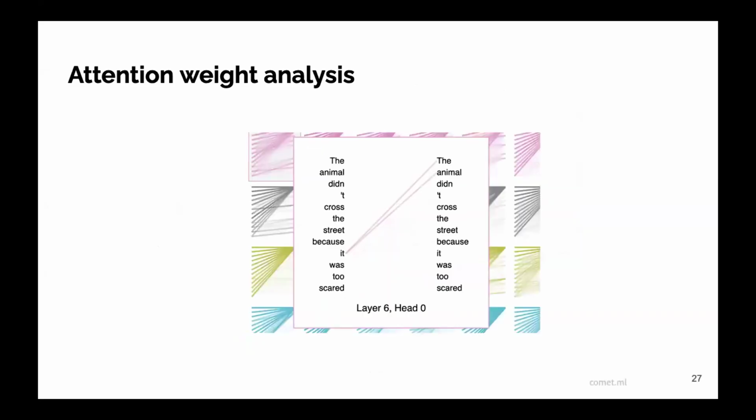In the language space, people have done this sort of analysis for sentences, and we find interesting attention weights between certain words in the sentence that tell us, okay, maybe it is actually referring to the animal. These are interesting insights that we have been able to find from language models, and maybe we can also discover the same thing here in our brain regions for specific tasks.